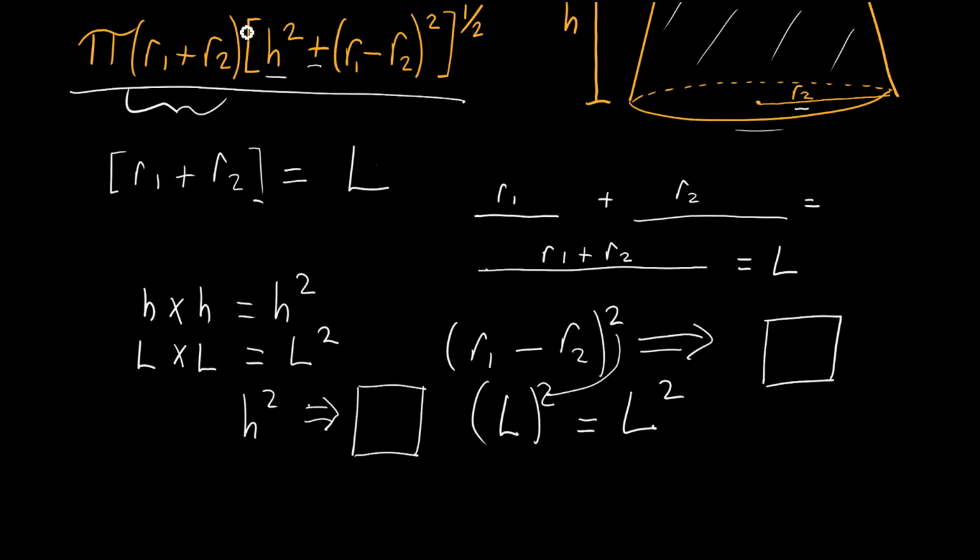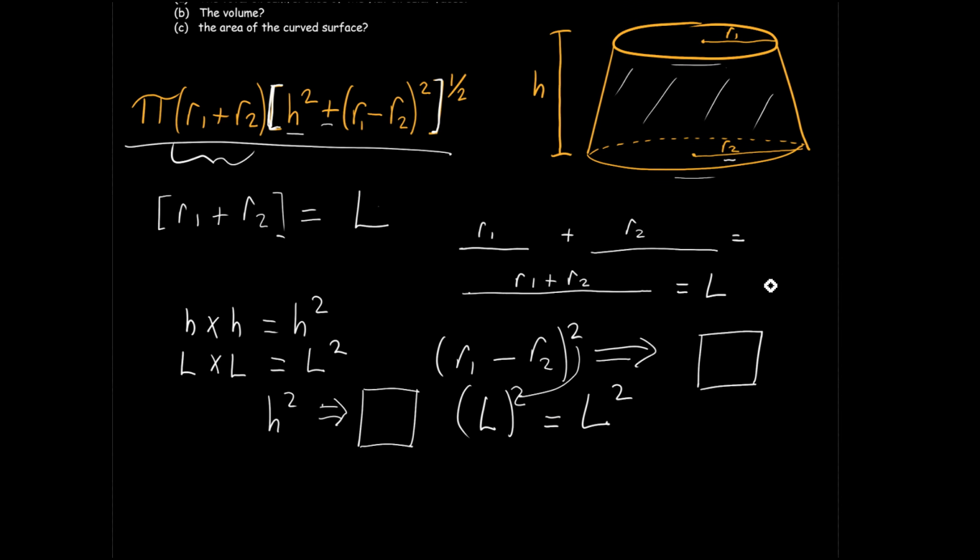So within these brackets here, we end up with a length squared plus a length squared, which results in a length squared, a dimension of length squared. And this length squared is raised to the power of a half.